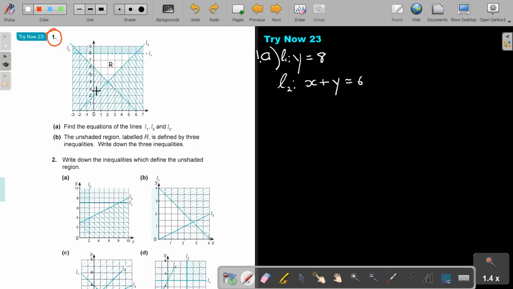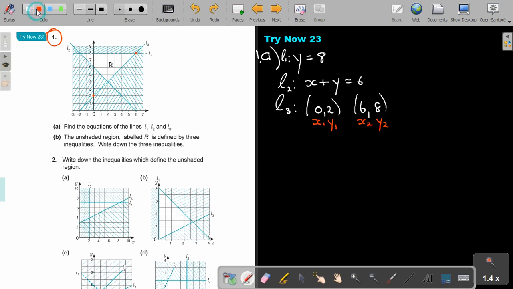And then at 3, now this one is a bit more complicated. I can quickly work out that gradient. Let's just take 2 points, that point and that point. My 2 points will be 0 and 2, and my other point was 6 and 8. You know how I like to mark it: x1, y1, x2, y2.